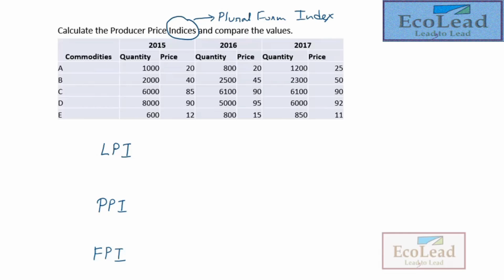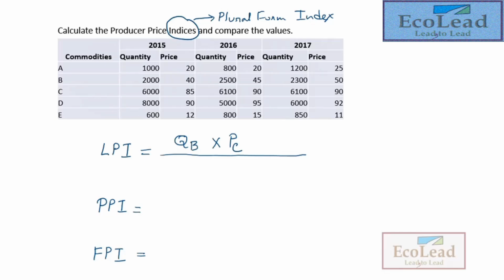Now first we will look at the formulas. In both the cases, basically we will compare the prices of different years and the quantities. For last year's price index, in the numerator we will have the quantity of the base period or the base year, and we will multiply it with the price of the current year.